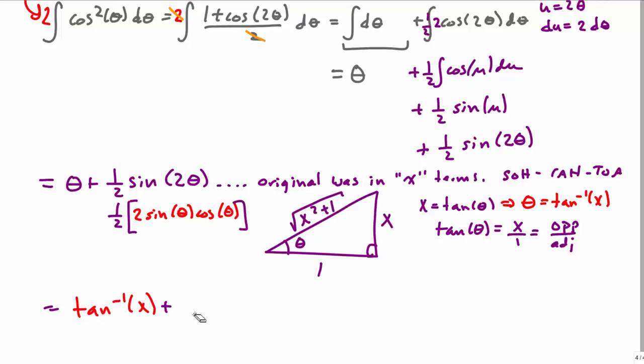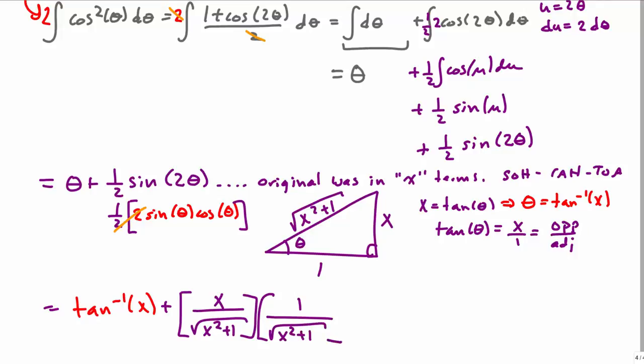The half times 2 cancel, so I don't have to put that in. And then the sine of theta, remember sine is opposite over hypotenuse. And then I have cosine of theta as well, which is adjacent over hypotenuse. So this is equal to the inverse tangent of x plus x over the root x squared plus 1 times root x squared plus 1, which is just x squared plus 1.